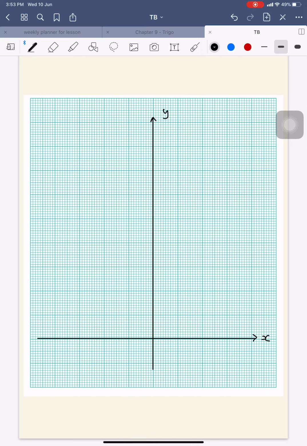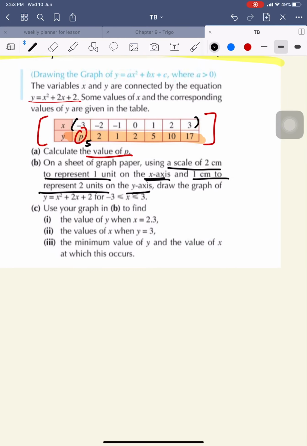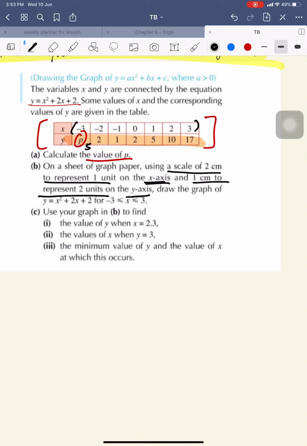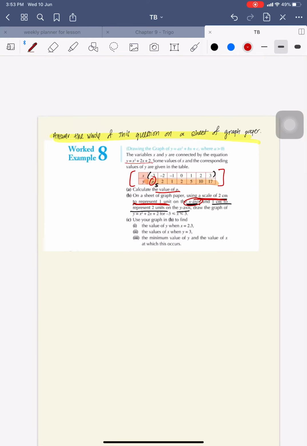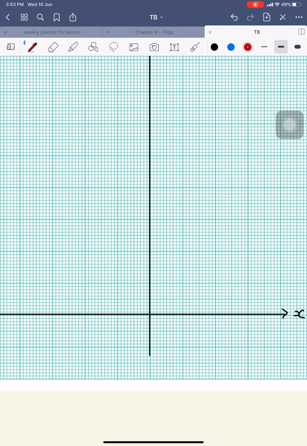Now that you have put in the position of your x and y axis, we are going to put in the scale. Now x-axis is 2 cm to 1 unit. So 2 cm is one big square.